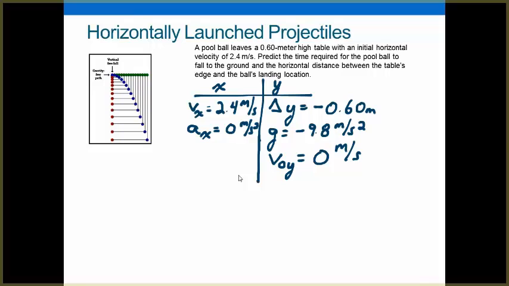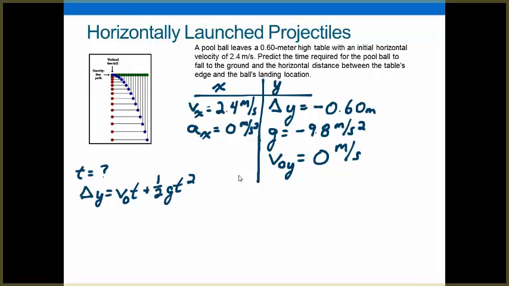Let's think about what it is that we need to find. We need to find the time that the pool ball is in the air. Looking at what we have, using the vertical position and the vertical information is going to be our best bet. One of the equations in your toolbox is the change in displacement is your initial velocity times time plus 1/2 gravity times time squared.